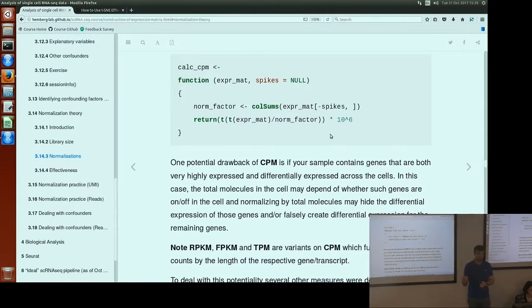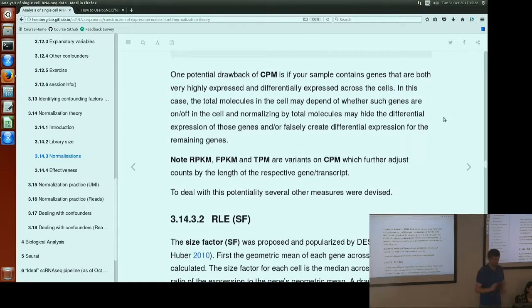And what can be even worse is that if we fail to account for this possibility of differential expression between different sets of cells, we might, through the normalization process, falsely create the impression of differential expression by scaling these values in the wrong sort of way. And so that's the major drawback about raw CPM, which some of the normalization methods that we'll discuss try to take into account.